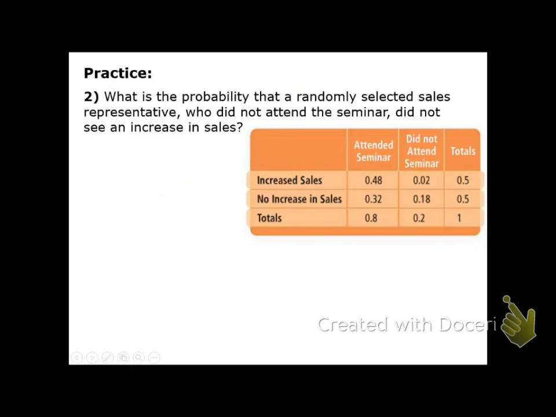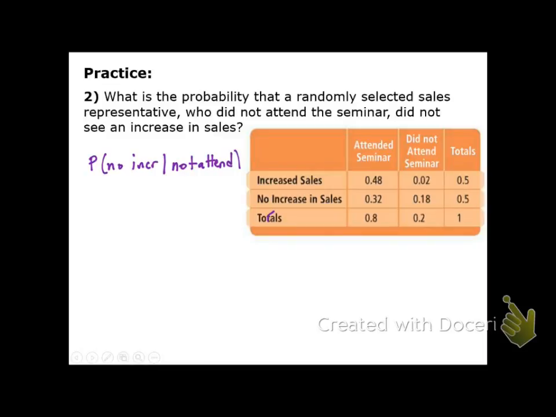What is the probability that a randomly selected sales representative who did not attend the seminar did not see an increase in sales? So we're looking for the probability of no increase given that the individual did not attend.